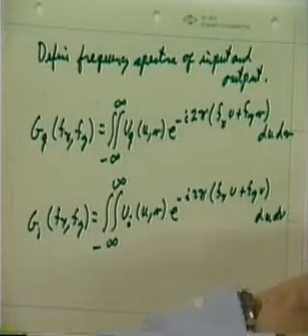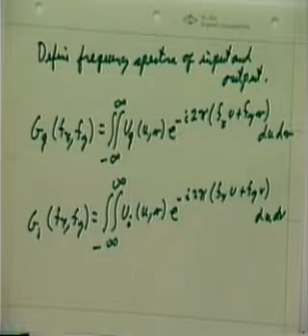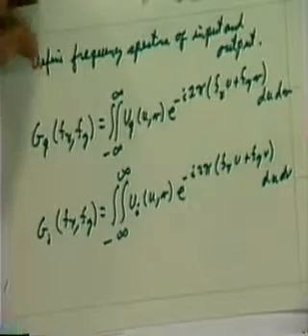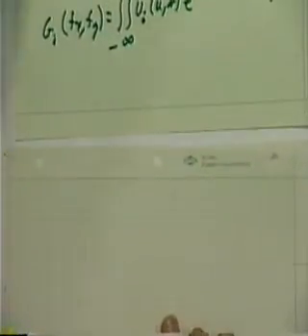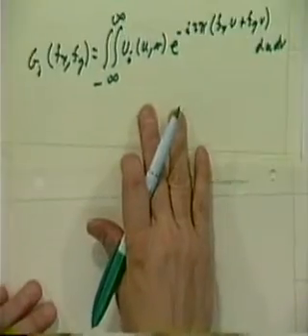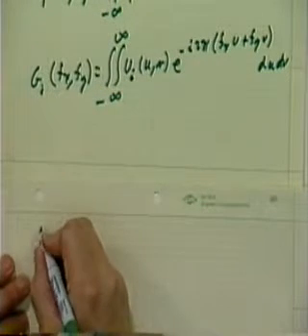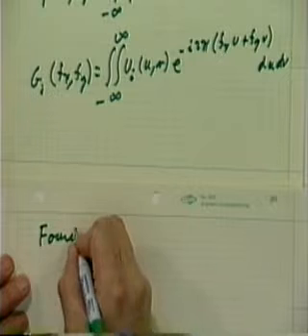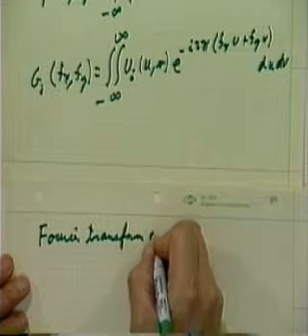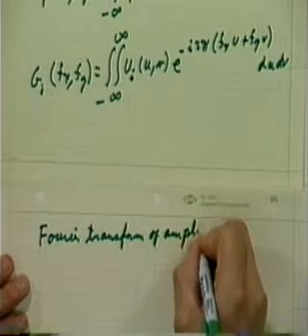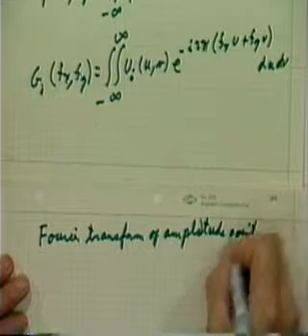Now what we can do, we had this convolution of this amplitude point spread function. So let's take the Fourier transform of this amplitude point spread function.